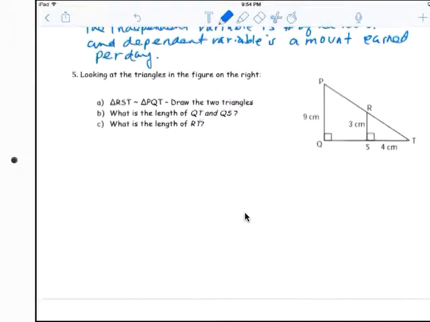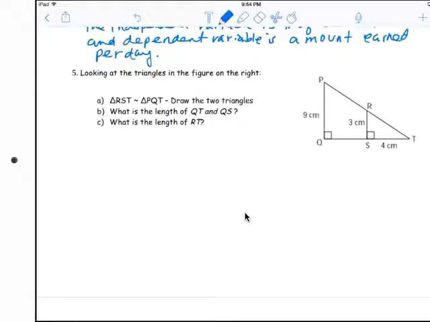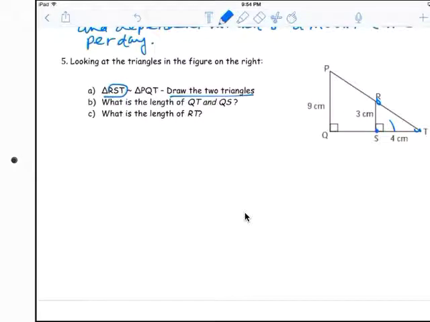Alright. Look at the triangle in the figure to the right. First, you want to draw the two triangles. First, draw RST. Oh, RST, that's the small one. RST, and we know that it's 3 and 4. 3 and 4.